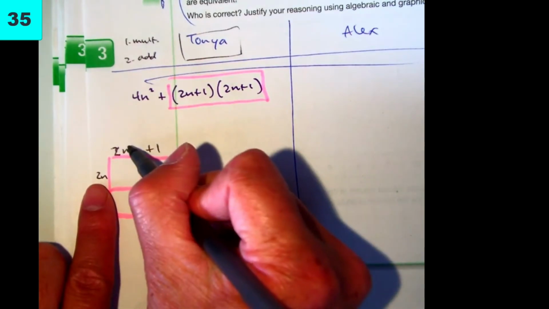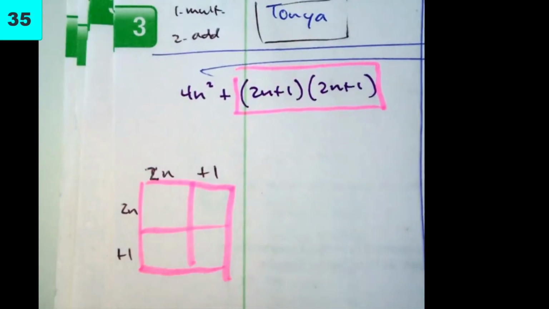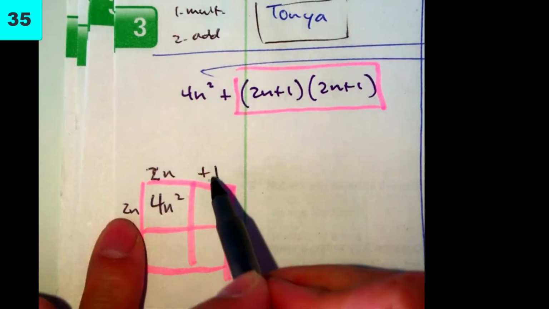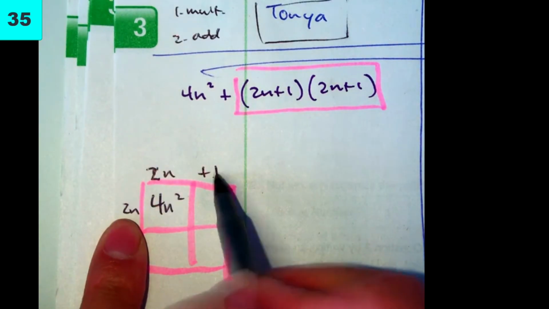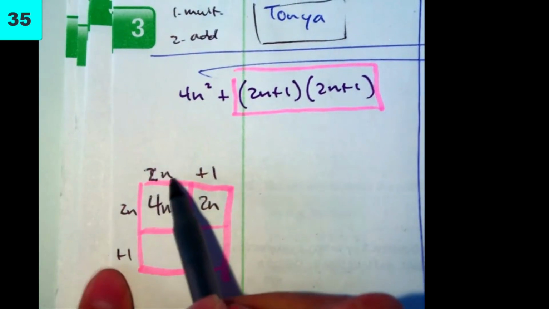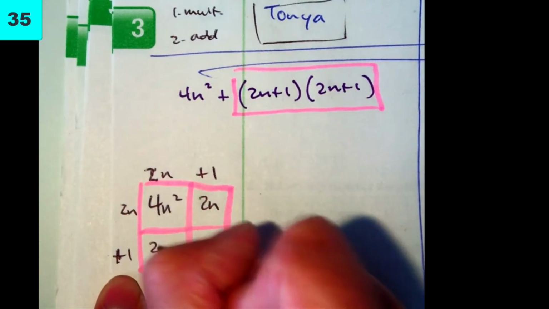2n times 2n is 4n squared. 2n times 1 is 2n. 2n times 1 is 2n.